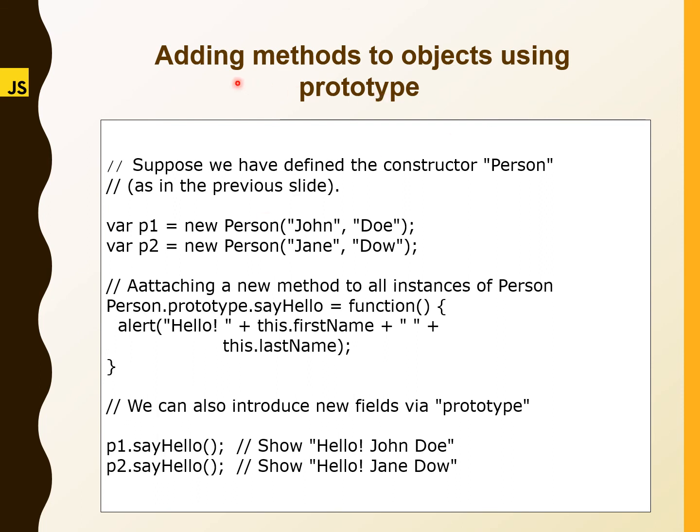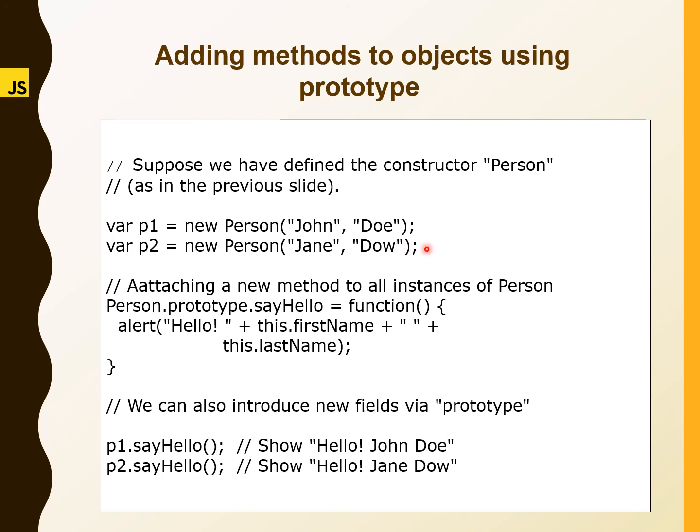Now we can see how we can add methods to objects using prototype. In the previous example, we used a constructor function called Person, where we declared two instances of the person object, variables P1 and P2. Variable P1 has the data John Doe and variable P2 has the data Jane Doe.